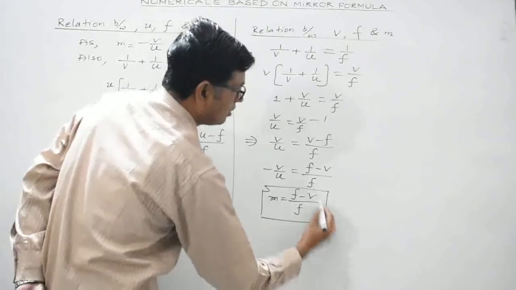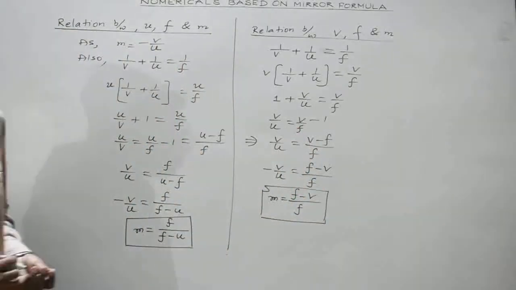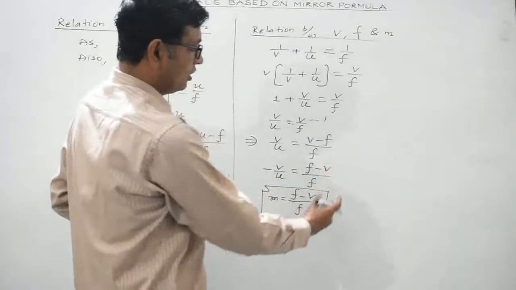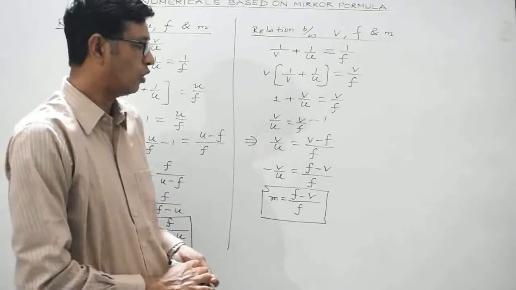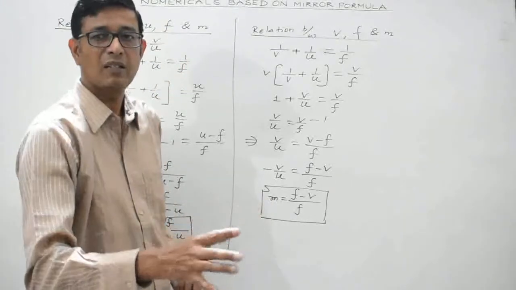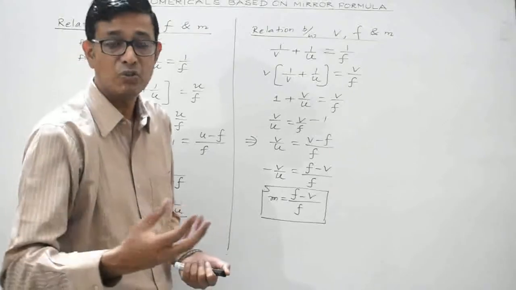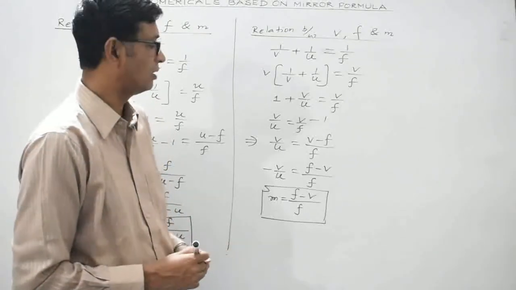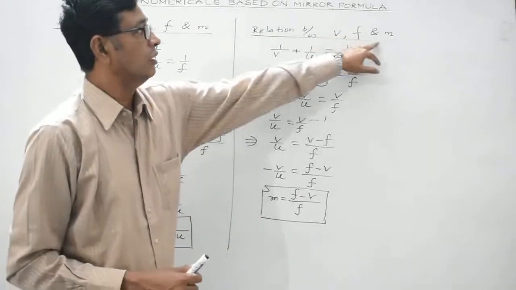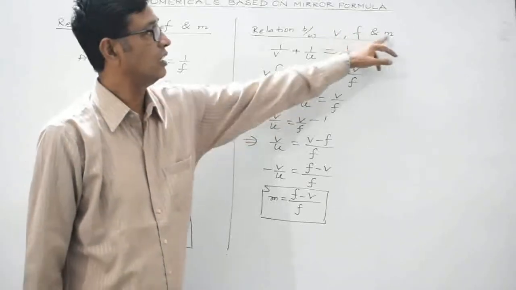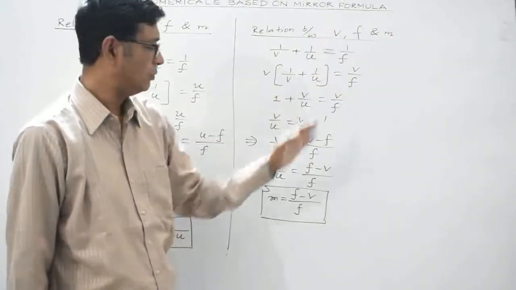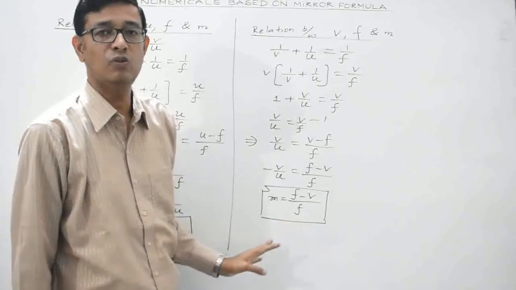This is another important formula. Why I am telling you these formulas is that in order to solve numericals, certain steps can be avoided. Time management is very important in solving numericals. So even if u is not given and out of these three any two are given, then the third one can be easily found by using this particular formula.